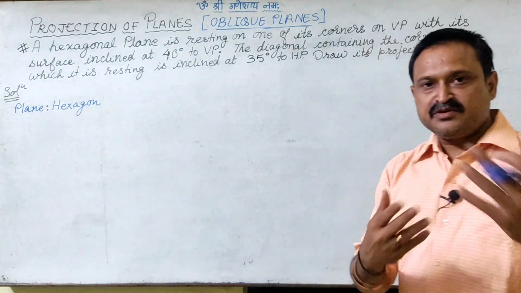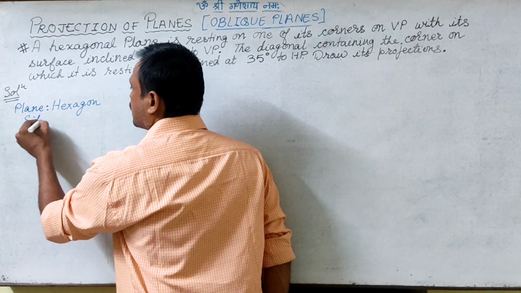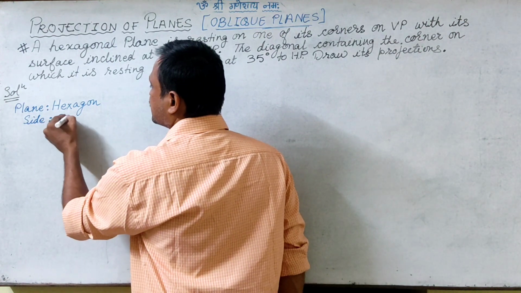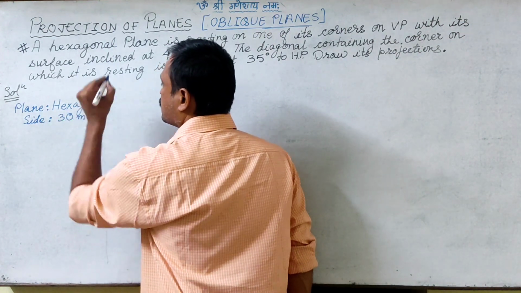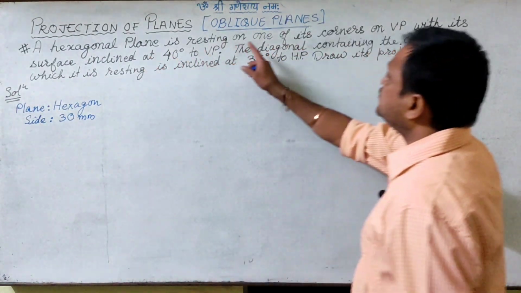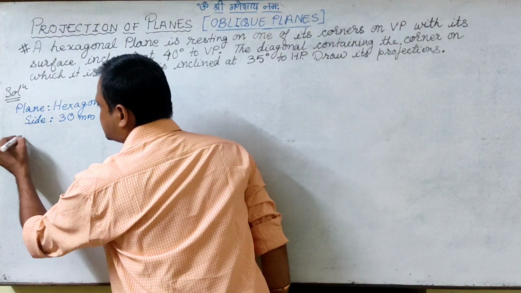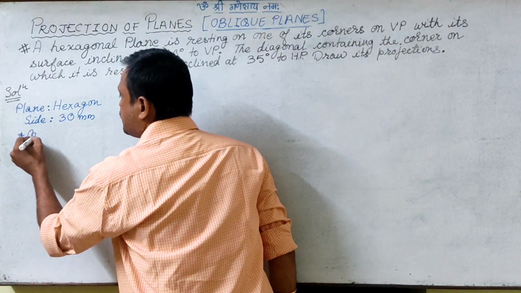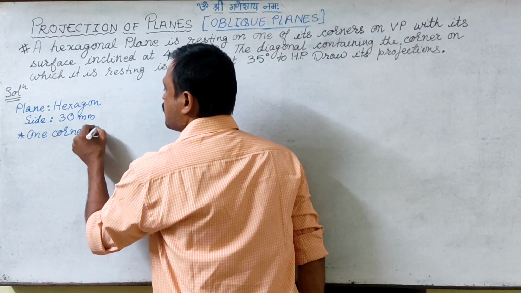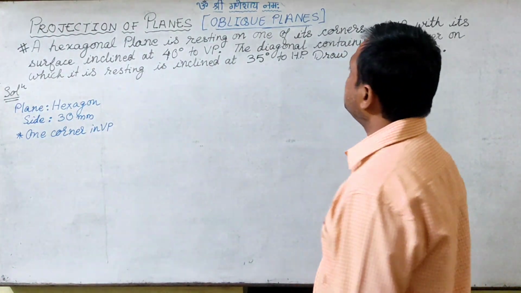So when you are solving, you may take each side to be, say, 30 mm, and you can solve the problem in your sketchbook. The condition is that it is resting on one of its corners on VP. So one of the corners is in VP.